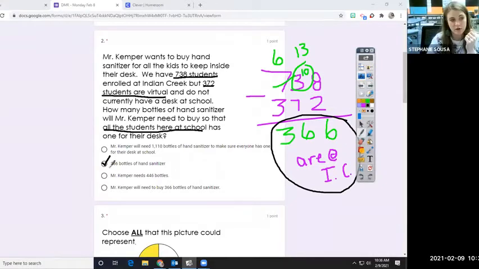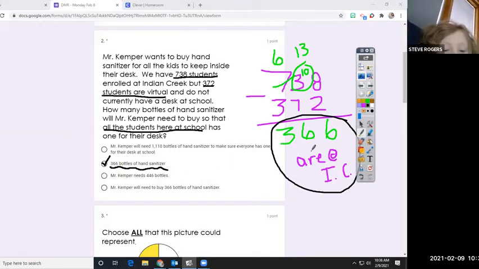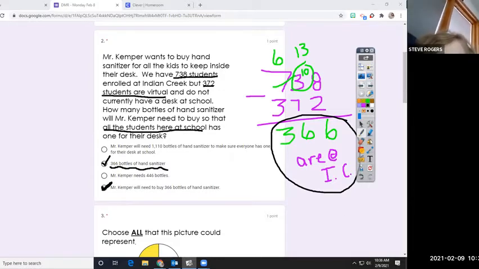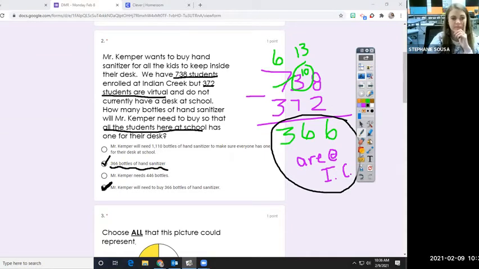Yes, that's why the correct answer is 366 bottles of hand sanitizer. No, I thought it was Mr. Kemper will need to buy 366 bottles of hand sanitizer. Oh, you're right. I apologize. It can be either one. I'm so sorry. You're right. Complete sentence answer. Good call, Steve Rogers, keeping me on my toes.